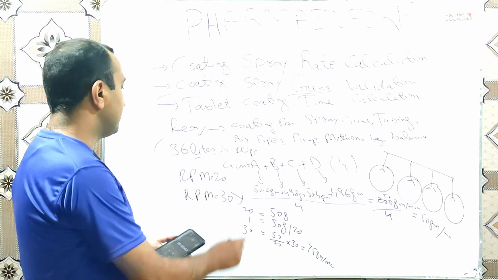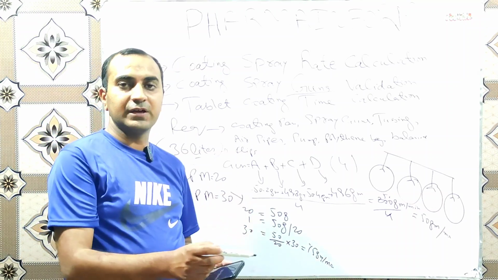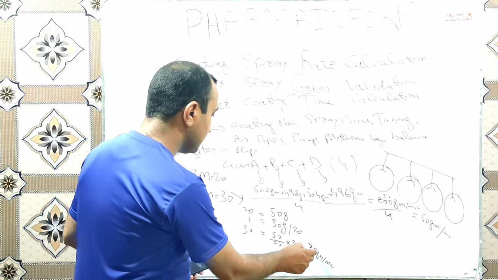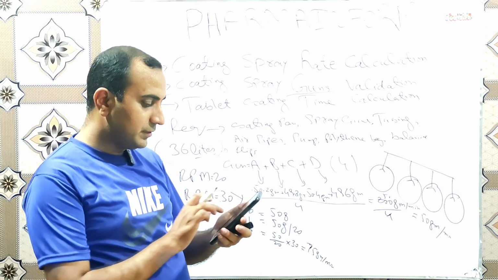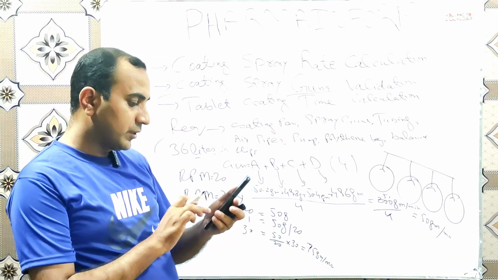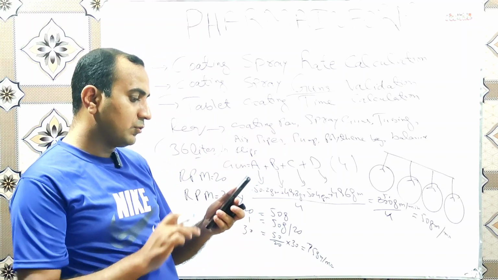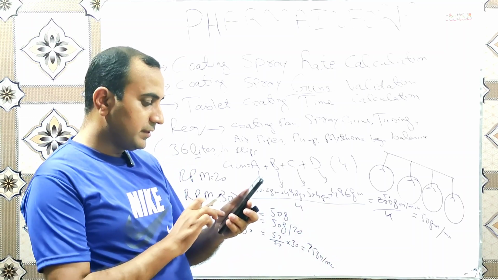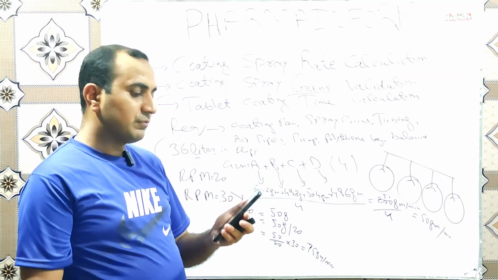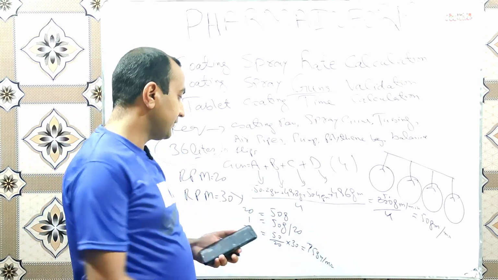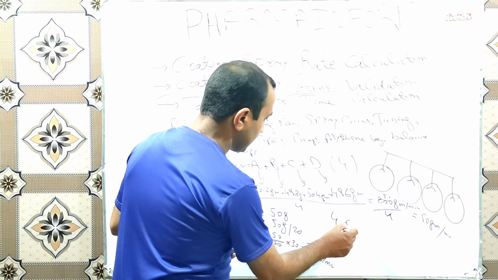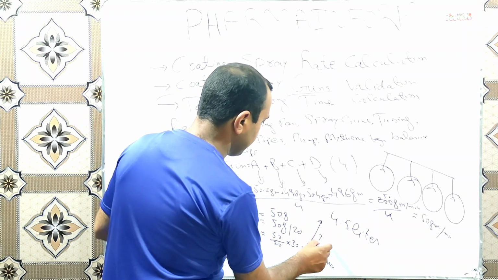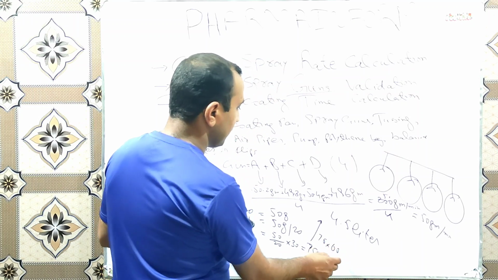For this we will use the calculation as we previously calculated. At 30 RPM we have 75 grams per minute. So 75 grams per minute into 60 is equal to 4500 grams per hour. By dividing it by 1000, we will have 4.5 liters. 4.5 liters means 75 into 60 for 1 hour.